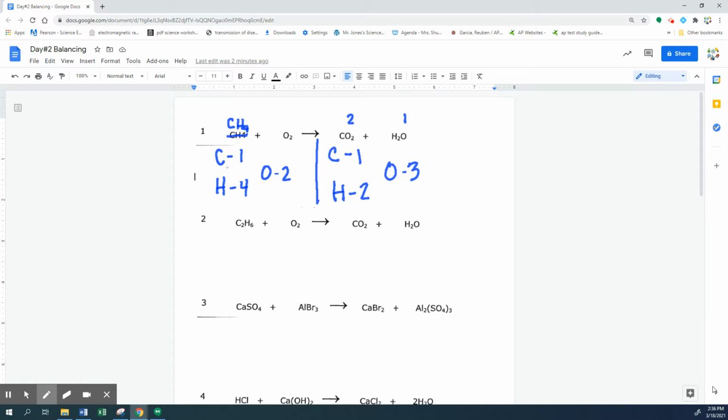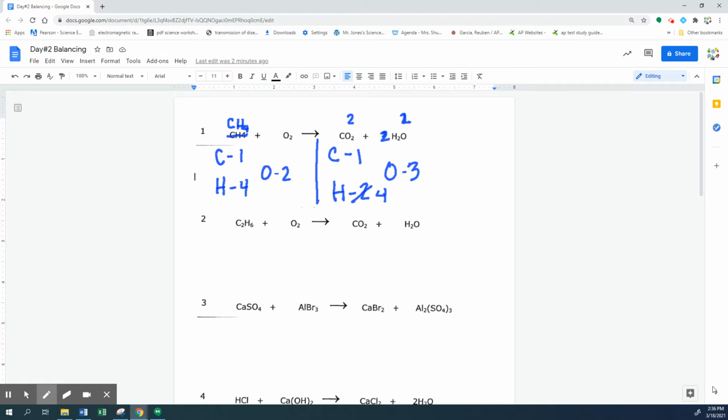Okay? Carbon is balanced, hydrogen is not. So let's make it that way. I'm going to do that by adding a 2 in front of this H2O. That changes my number of hydrogen and does indeed balance it. That also changes this number of oxygens to 2.